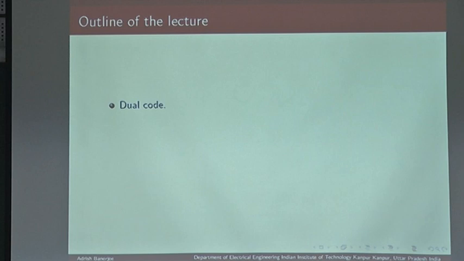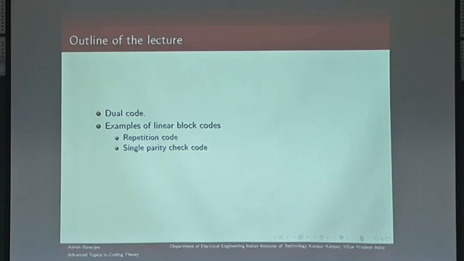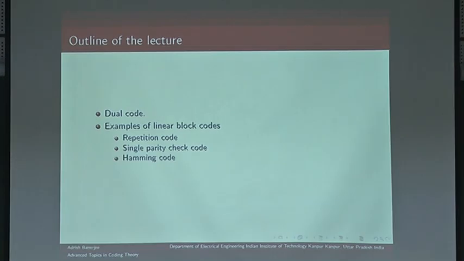I think Dr. Costello, to answer one question, mentioned yesterday about dual codes. I will formally define what is a dual code, and then I will talk about some examples of linear block codes. So, I will start off with repetition code, which you have already seen, single parity check codes and Hamming code in this lecture, and in the next lecture I will talk about Reed-Muller codes.